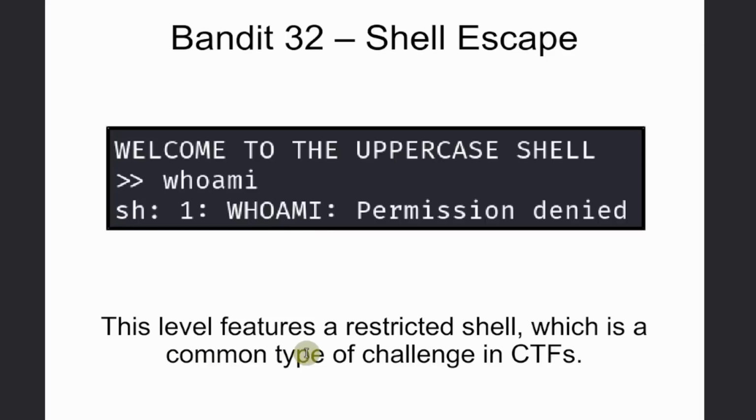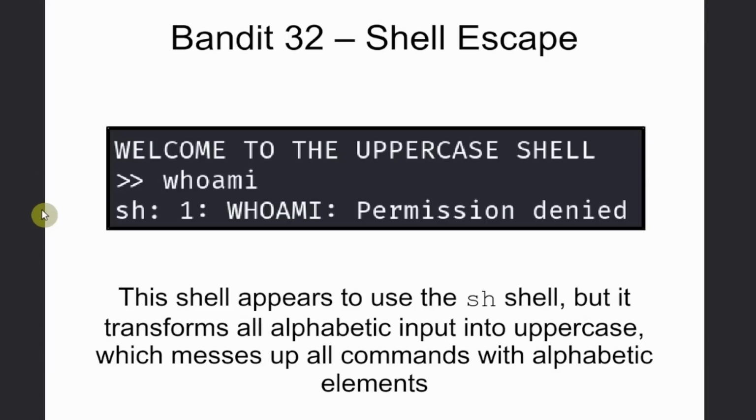So this level features a restricted shell, which is a common type of challenge in CTFs. This shell appears to use the sh shell, but it transforms all alphabetic input into uppercase, which messes up all the commands with alphabetic elements. So we can't use any letters in our commands to escape the shell.